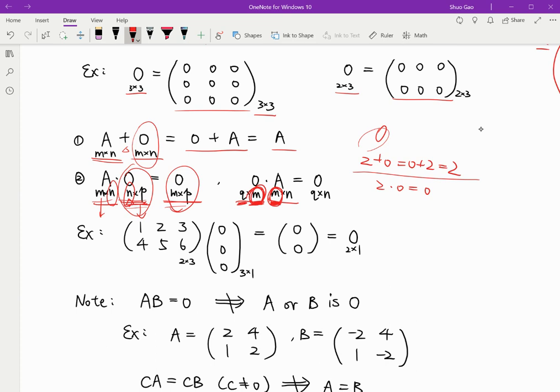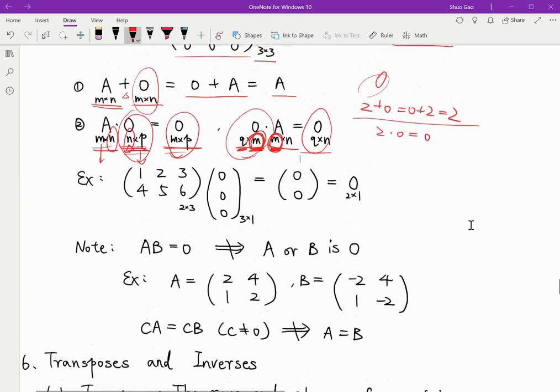So let's say it's Q by n, and Q by n times an n by m matrix. The resulting matrix should be a Q by m matrix. So again, the dimension of the matrix here is different from the dimension of the matrix here. Although both of them are called null matrices, they are different matrices because they have different dimensions, right? They belong to the same class, but they are considered to be different matrices.